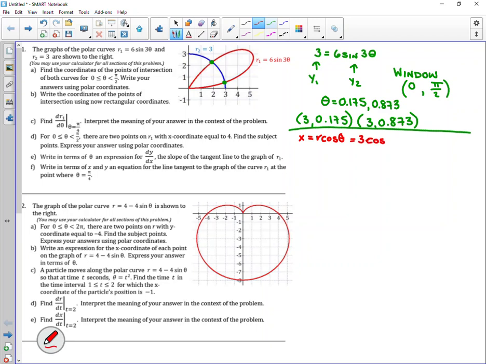Yes. And y is r sine theta. Remember, if you found the intersection, it should be stored in for x for you.